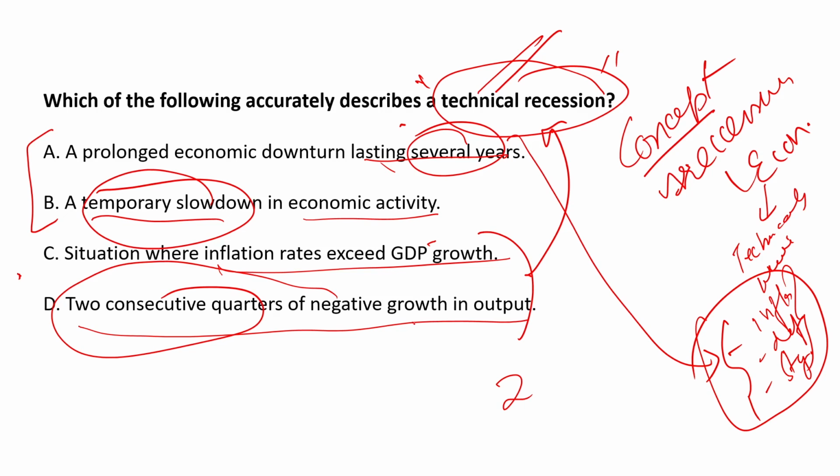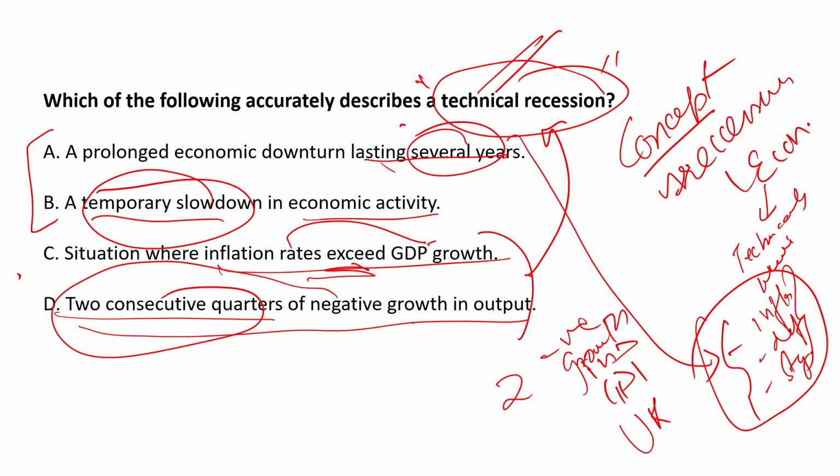Options C and D give specifics: a rate exceeding the GDP growth, or 2 consecutive quarters. So a technical recession is 2 consecutive quarters of negative growth in GDP. Recently the United Kingdom faced a technical recession in the second half of 2023, which made the news. So the answer to this question is option D.